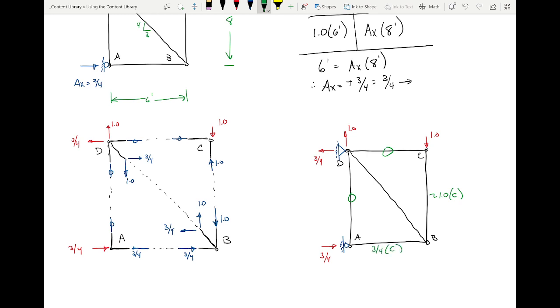And now the diagonal. What's the diagonal going to be? 5/4, right? 1.25, and that's in tension, right? With me so far? Just square root of the sum of the squares. So 3/4 and 1. That's 1.25 tension.